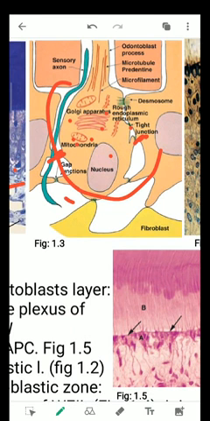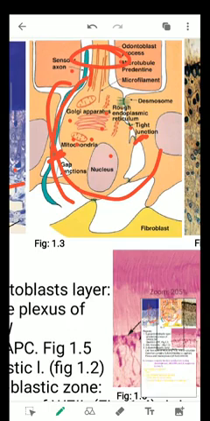You can see this nerve terminal, this green stuff going all the way with your processes into the predentin as well as dentin area, forming the dentinal tubules. When we talk about the dentin in my next lecture, the dentinal tubules contain the process of your odontoblast, as well as your sensory axon and capillary blood vessel.